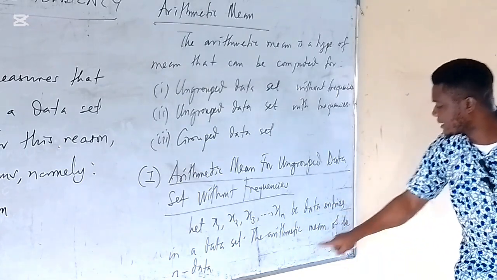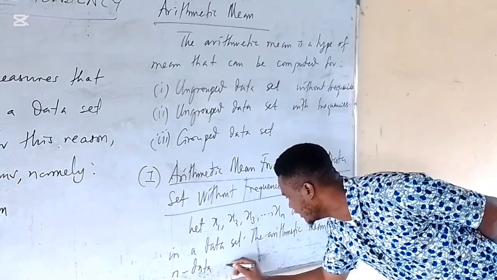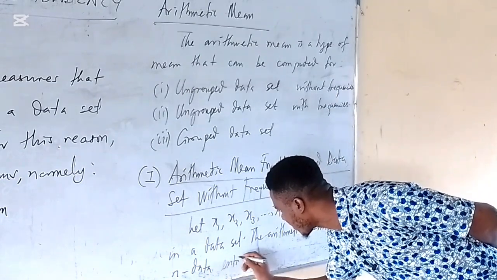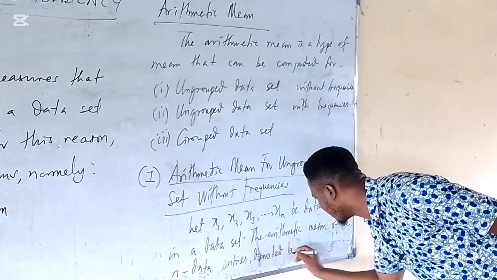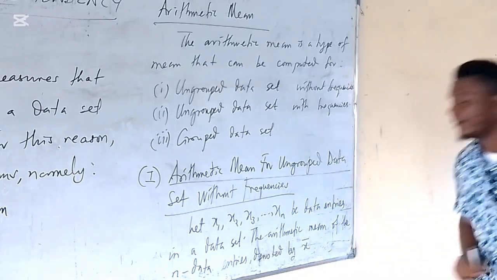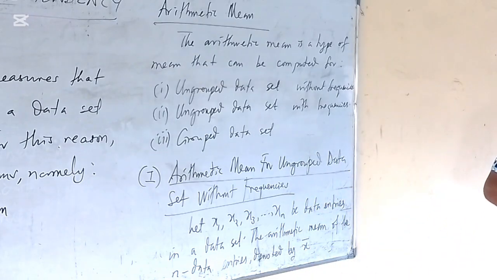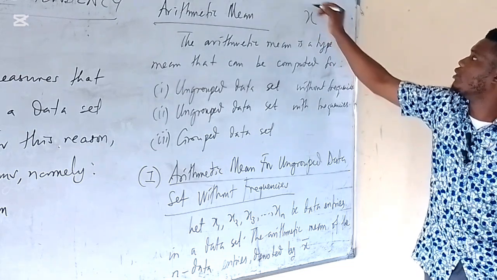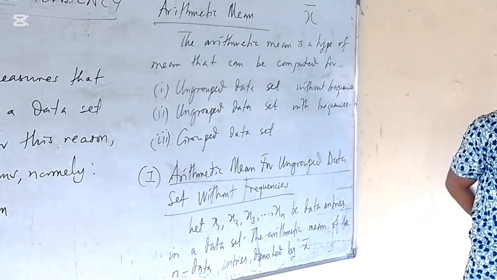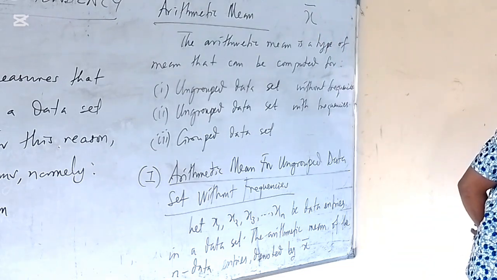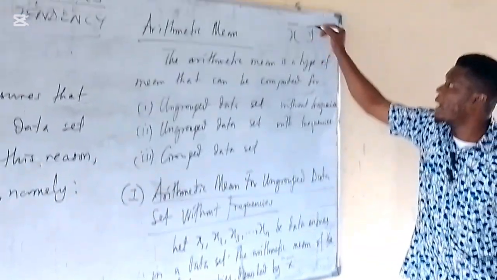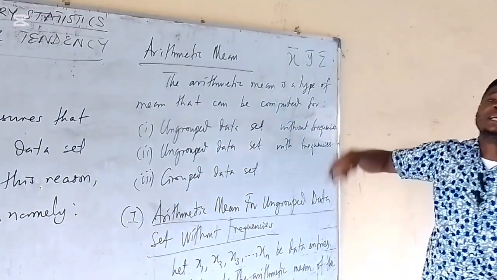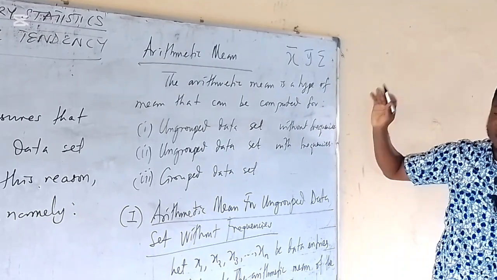So we are saying the arithmetic mean of the n data entries denoted by x bar. We use x bar. When you see us write x with a bar on top, we are referring to the arithmetic mean. Is it clear, everybody? Once you see x bar, y bar, z bar, it means you are referring to the arithmetic mean.